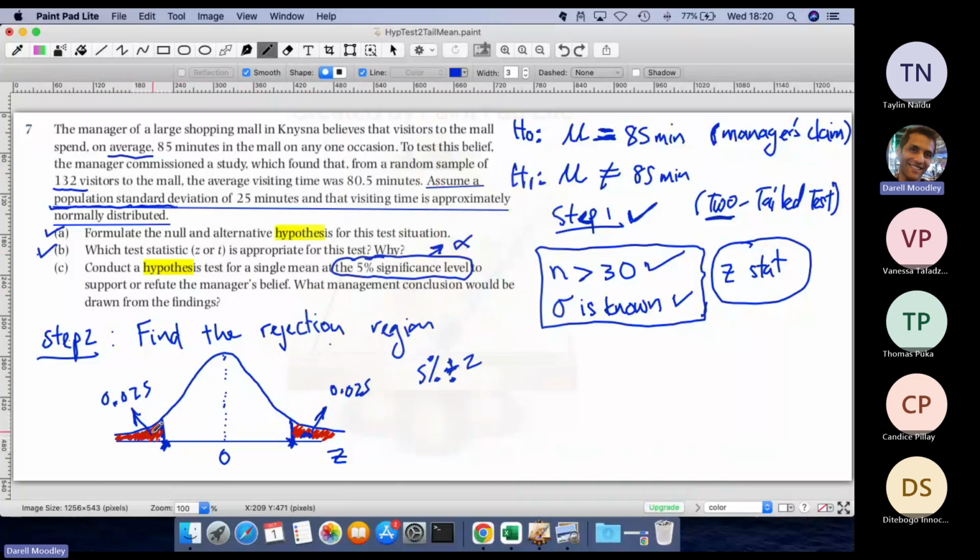Now that we know that this area is 2.5%, what we need to do is determine this area here that I'm going to shade in blue. And there's a reason why I'm shading this area.